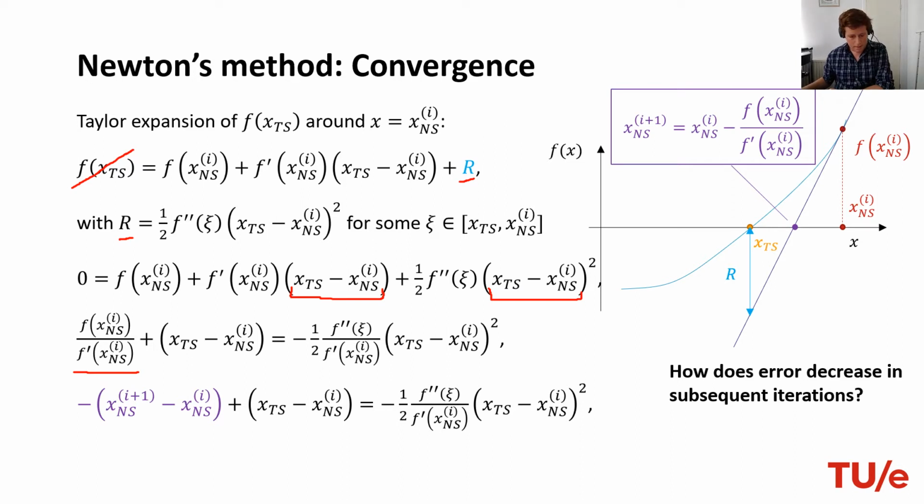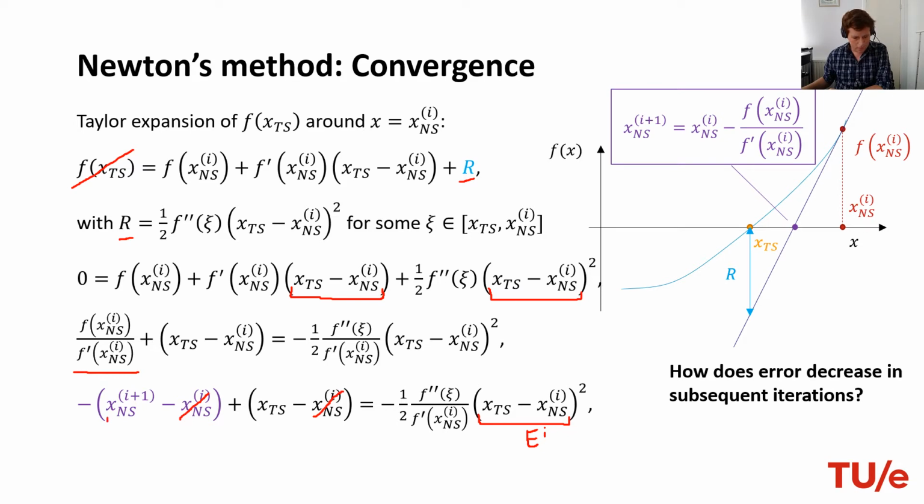So again, let's take a closer look at this equation over here. Here we see that this is the error in iteration i on the left-hand side. We see that we have minus x in iteration i plus x in iteration i. So those terms will cancel out against each other.